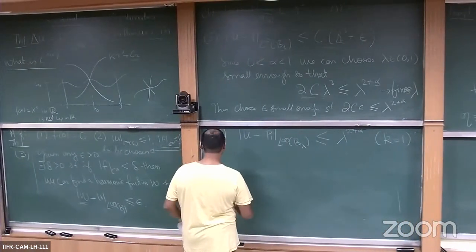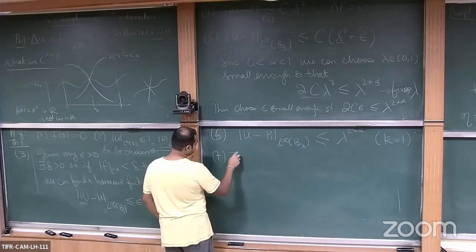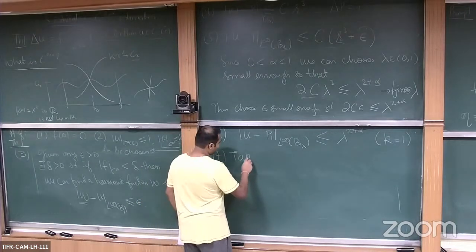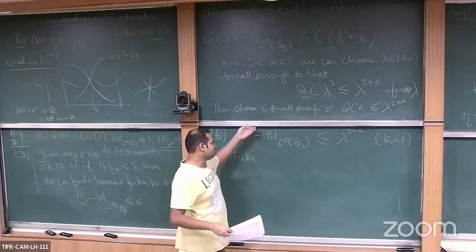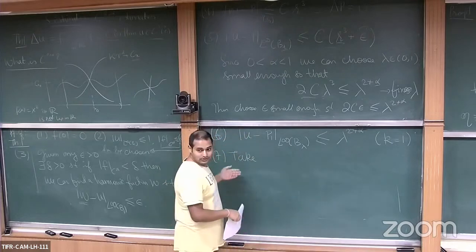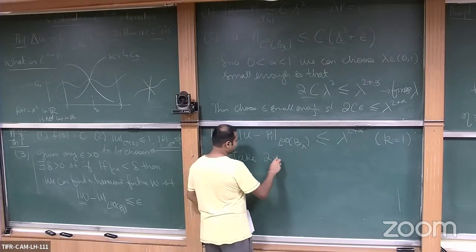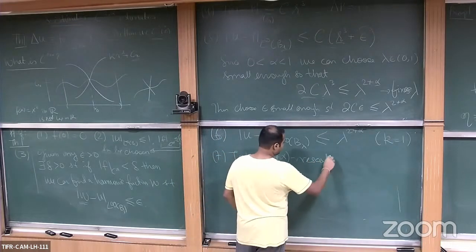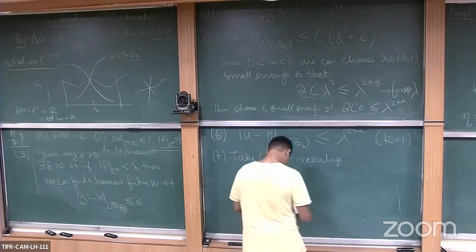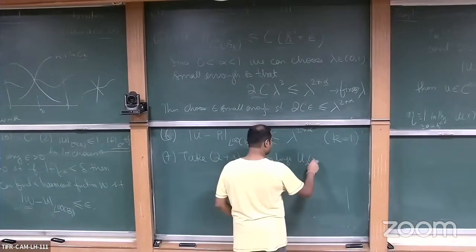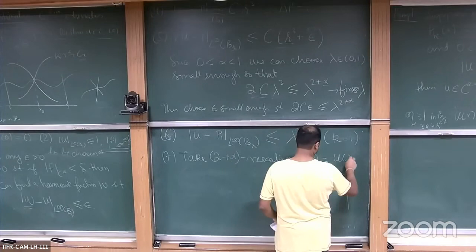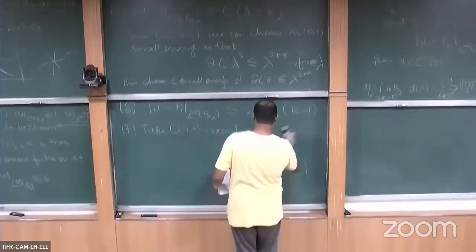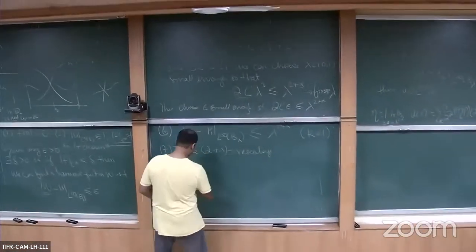So take the 2 plus alpha rescalings, and I'll explain what is happening.